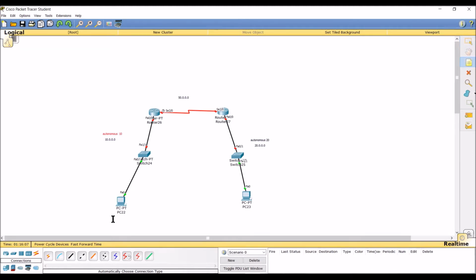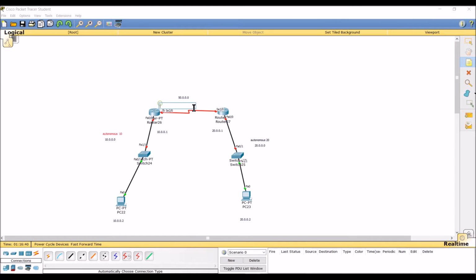Let's say this computer's IP address is 10.0.0.2, and for this computer the IP address is 20.0.0.2. For this FastEthernet 0/0, let's say its IP is 10.0.0.1, and for this router's FastEthernet its IP is 20.0.0.1.